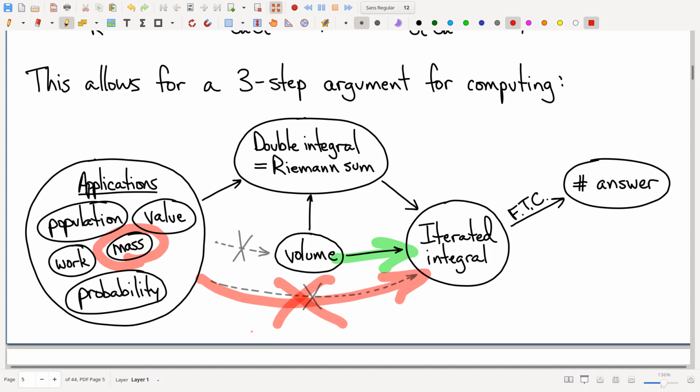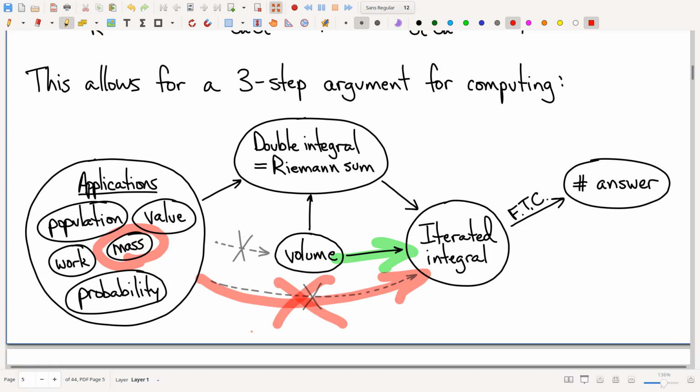The pieces just didn't fit together. It involved trying to understand mass per unit width or something. And I don't know what that is. I don't know how it works. And I don't know that it's an accumulated quantity. And there's a lot of other stuff I don't know about it. So there is no argument there. You cannot make that connection, the one I've got X'd out in red there, because it doesn't work. It doesn't fit.